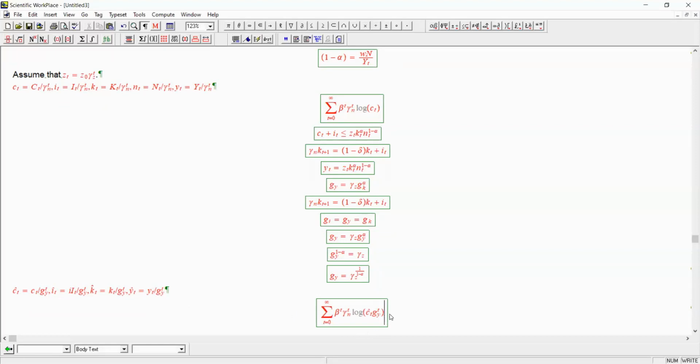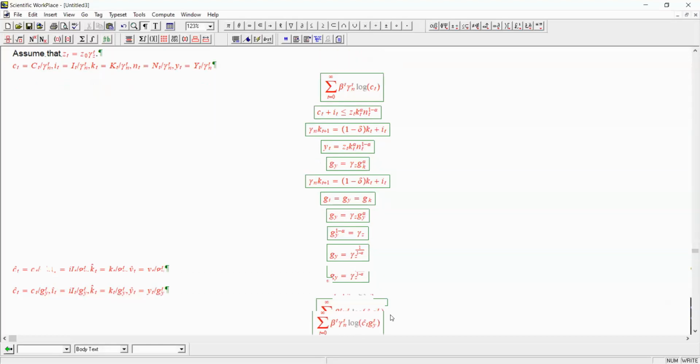And notice, of course, that since we have log utility, we can separate this out. Right? Where we have C hat in these brackets and the trend in these brackets.